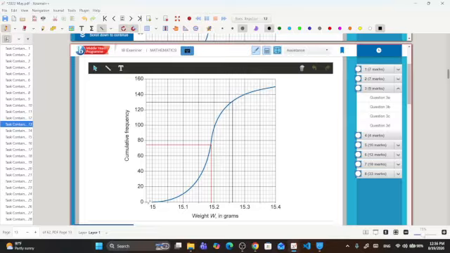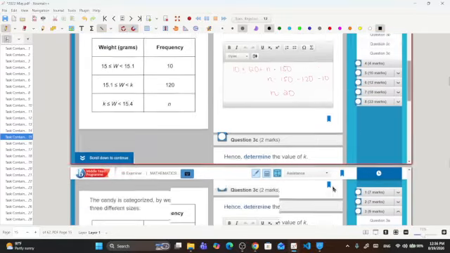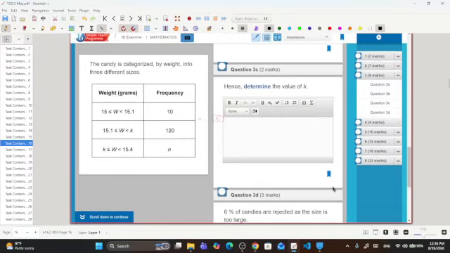So reading from the cumulative frequency graph at the frequency being equal to 130, if we were to extrapolate the graph down, we get an answer of 15.26. So the value of k is going to be 15.26.